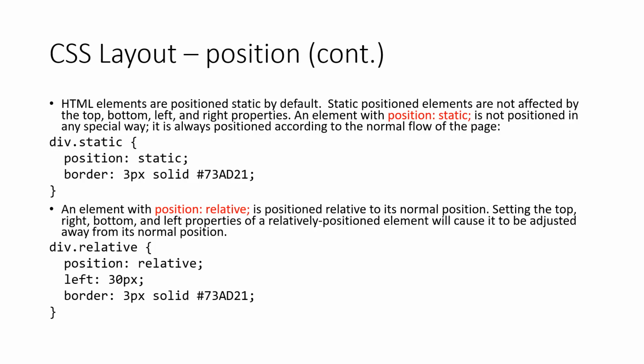But if you have relative, then it changes the way that it is positioning. So it's relative to its normal position. Then you can use top, right, bottom, and using that, you can adjust how you are going to handle this, right?